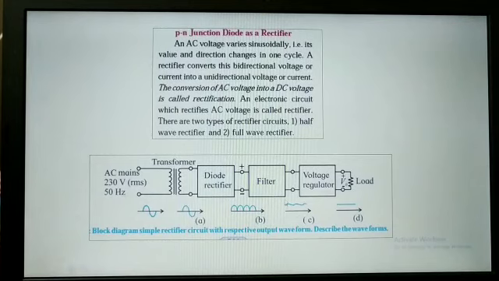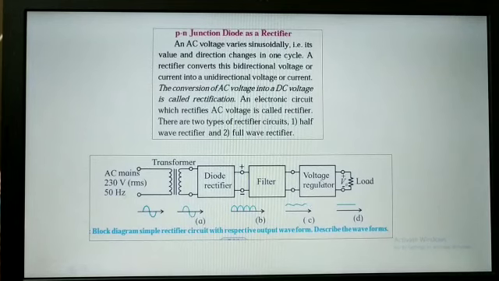The filter circuit will filter this output in this way, but still there will be some fluctuations in that output. It is not a plain DC line, the straight line. So again this output is given to a voltage regulator as input.